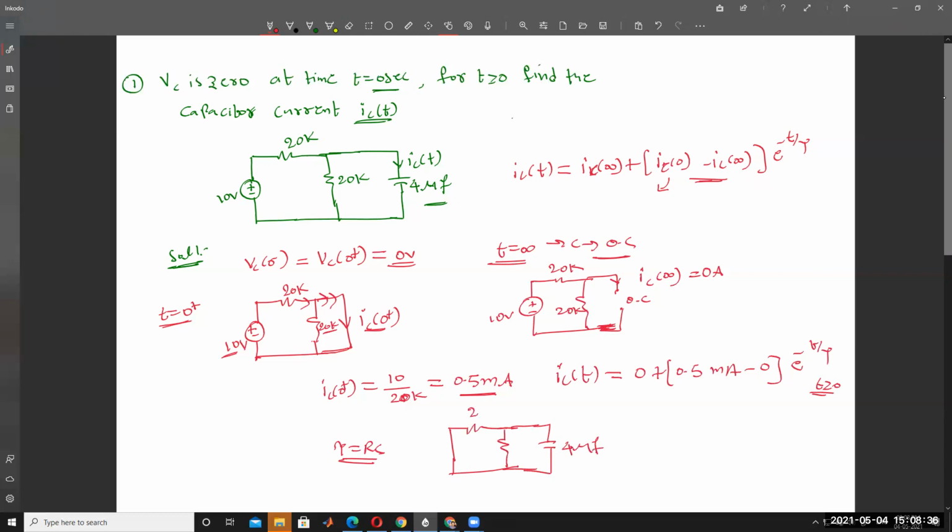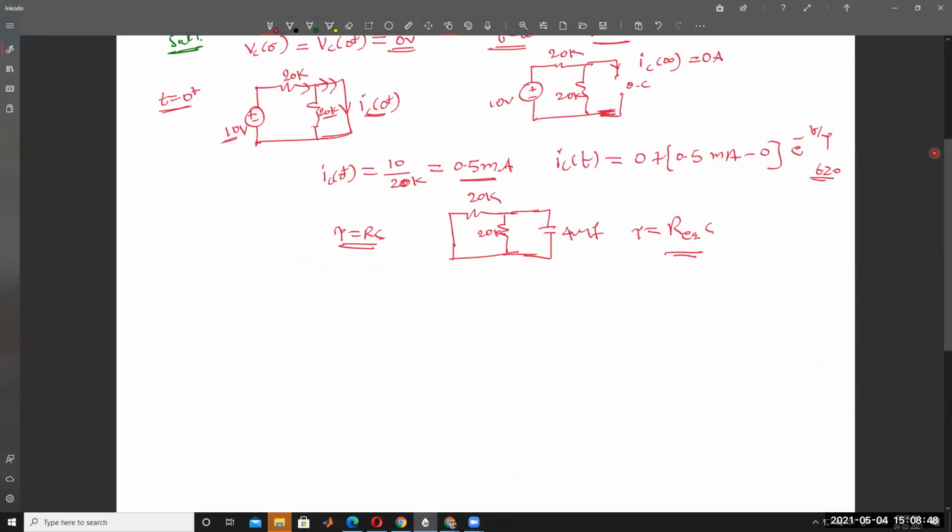Time constant is equal to R equivalent into C. So time constant is equal to 20k into 20k divided by 20k plus 20k, into the capacitor, 4 microfarads, that is 4 into 10 to the power of minus 6.